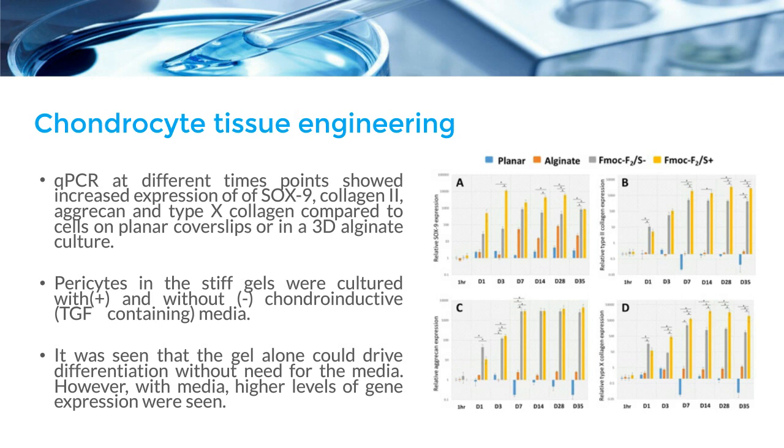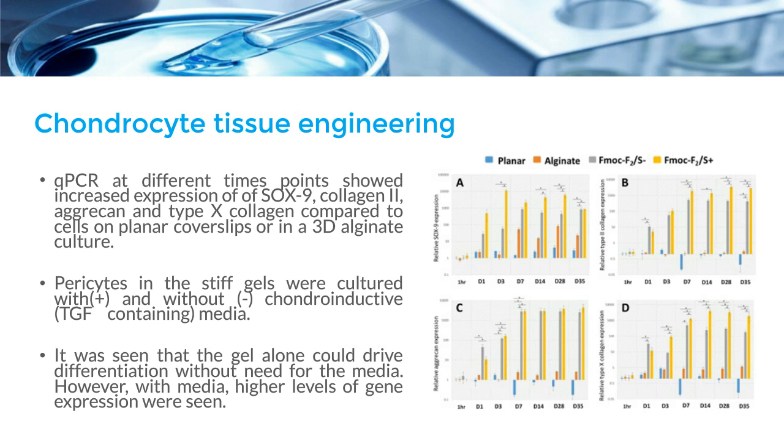the positive sign. And what we see is in the hydrogels, compared to alginate, compared to cover slips, we get much better expression of SOX9, of collagen 2, of aggrecan, and of type 10 collagen, as would be expected for cells undergoing chondrogenesis.